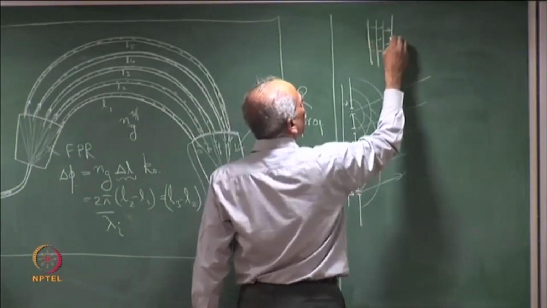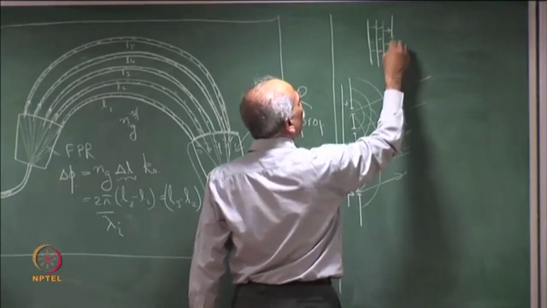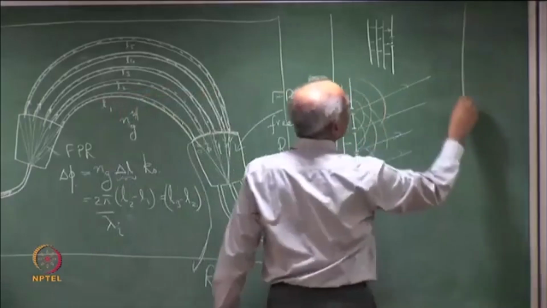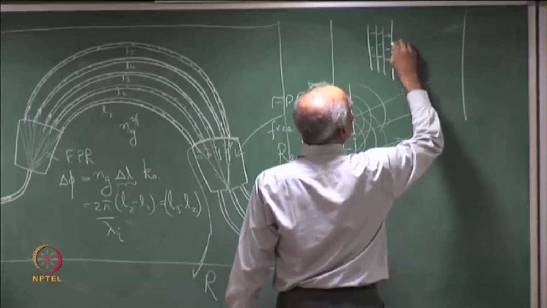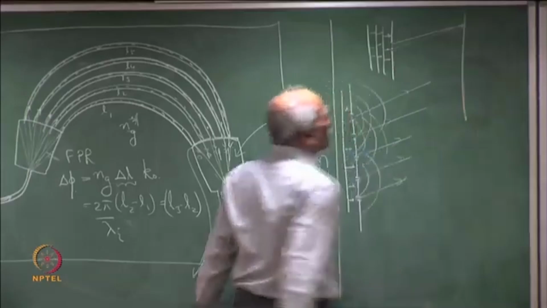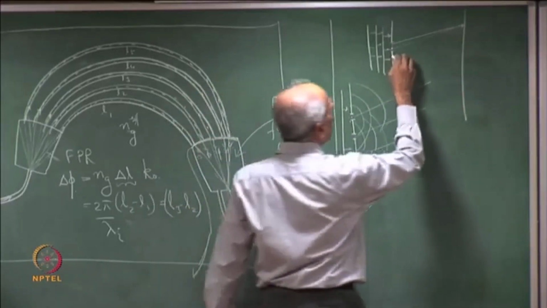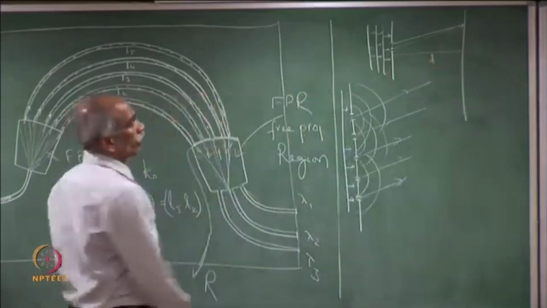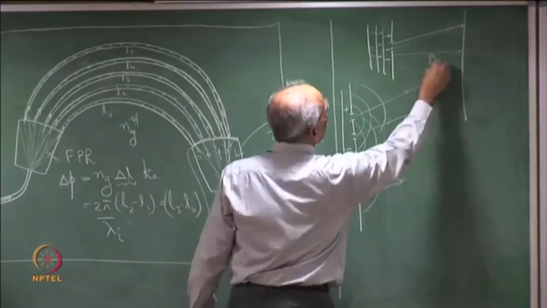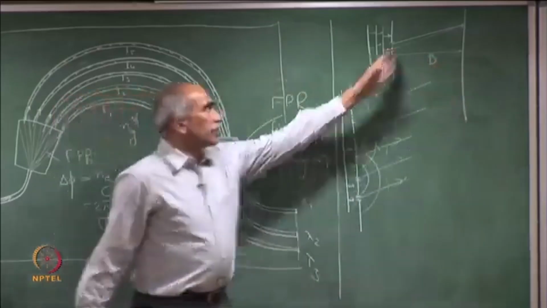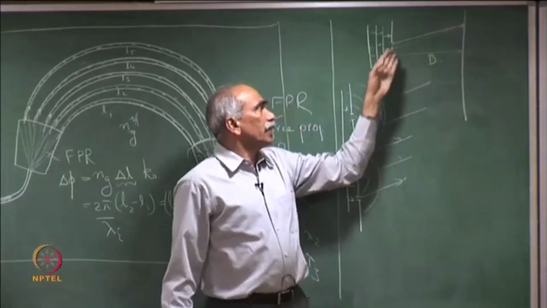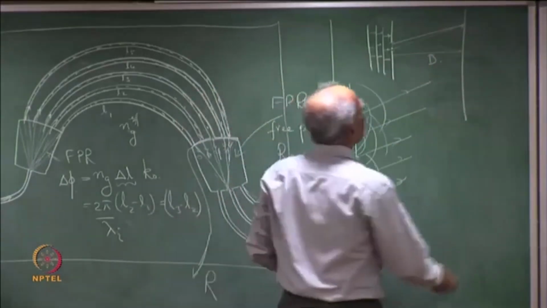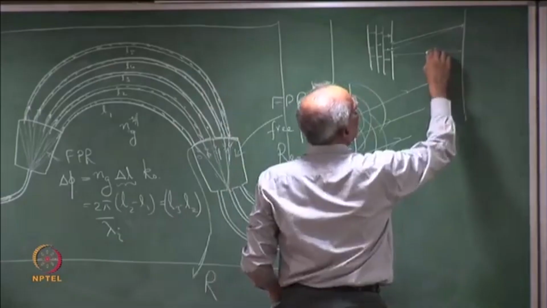So, the slit is considered as comprising of multiple points, and then we determine the interference pattern due to these multiple source points on the screen, which is placed at a distance capital D. And then considering the path difference between them, we obtain the standard diffraction pattern, the Airy pattern.